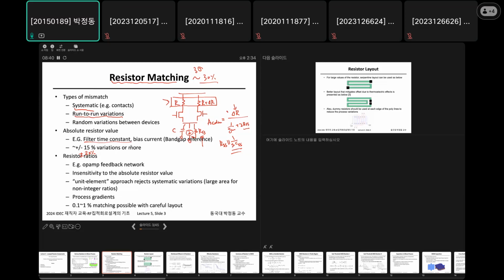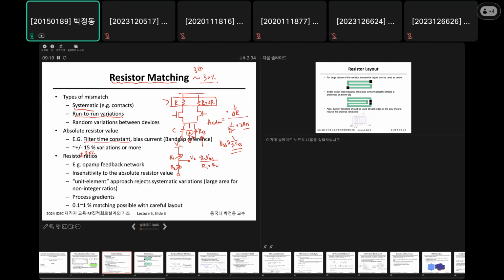So we typically use a ratio, just a ratio. Let's say even though your process has a relatively large variation in this structure, it doesn't matter if those two are crossed together. Even though it has a variation, Vout is the same.